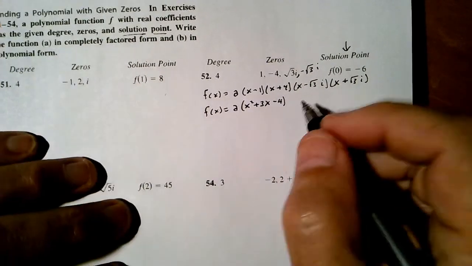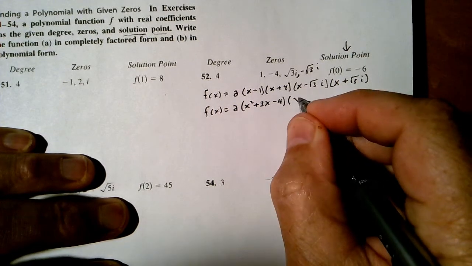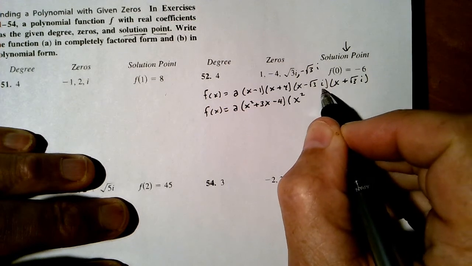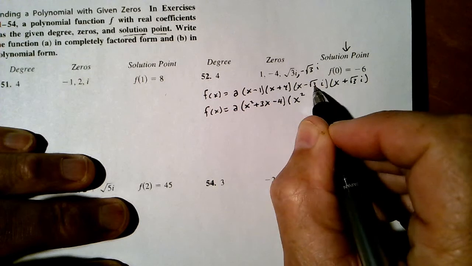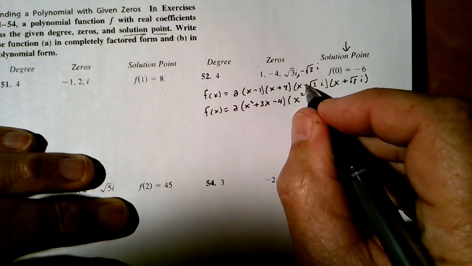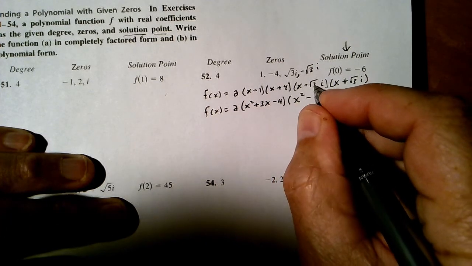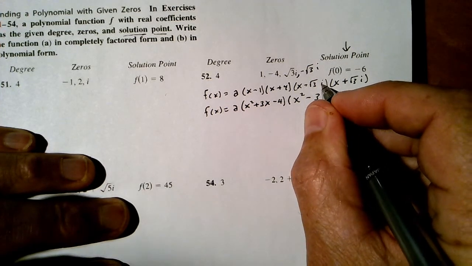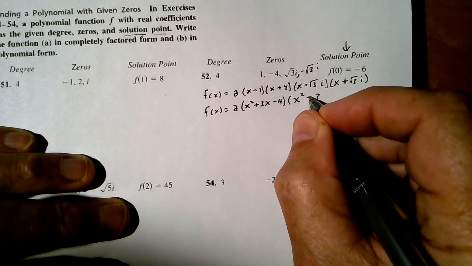And let's FOIL this out, which is kind of nice because it's a pretty simple conjugate. We get x squared. I get minus x squared of 3i, but I get plus square root of 3 times x times i, but I get minus square root of 3 times x times i. So those cancel, and finally I get minus times plus minus, square root of 3 times square root of 3, 3, i times i squared, but i squared is negative 1, making this plus.